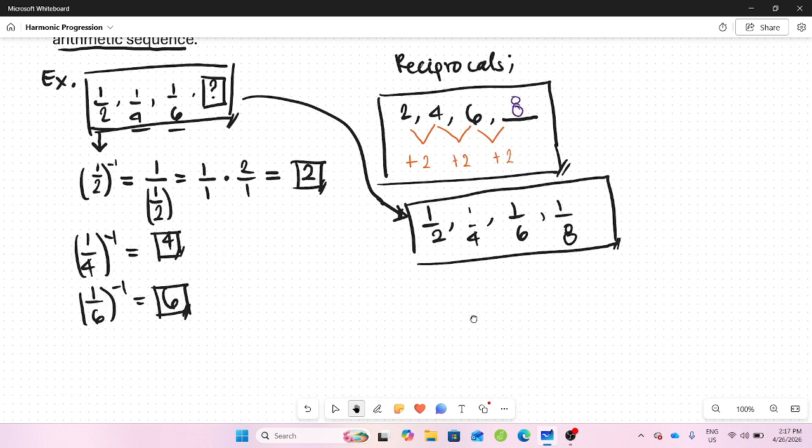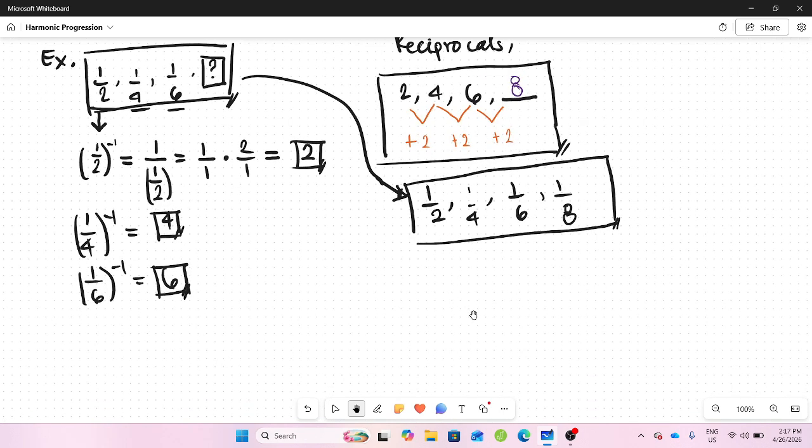Another crucial thing that you have to remember about this harmonic sequence is that you could actually create a general standard form of harmonic sequence, like with the arithmetic progression. Going back to our discussion of the arithmetic progression, the nth term in an arithmetic progression can be found using this equation, n minus 1 times the common difference.